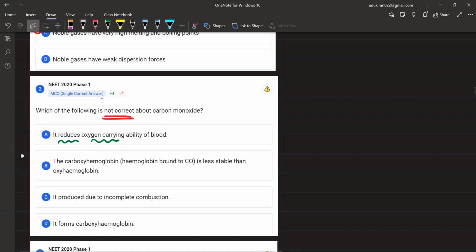It does not stop. If carbon monoxide was more stable than the oxygen bonded to hemoglobin, then carbon monoxide would have completely stopped the flow of blood. I mean, not flow of blood, flow of oxygen in the blood. But because it is less stable, that is why it just reduces it. So B option is the correct one.